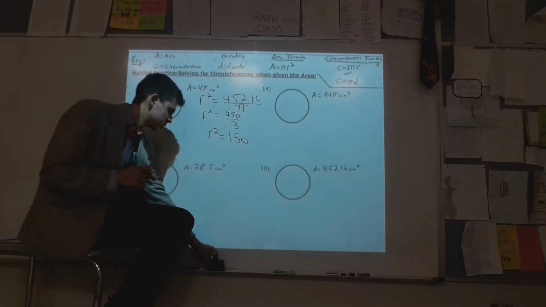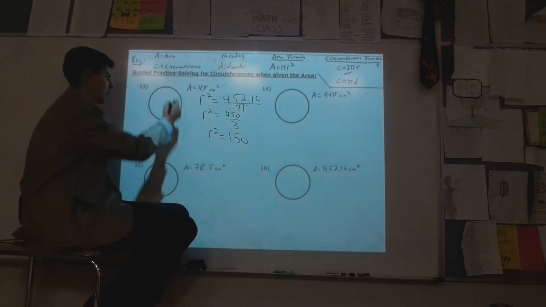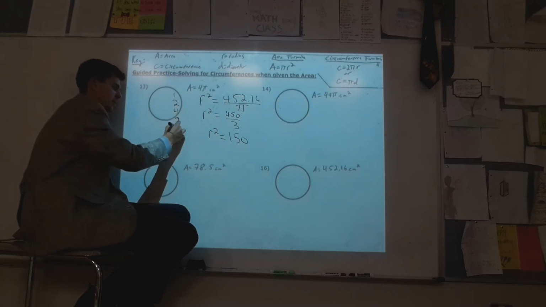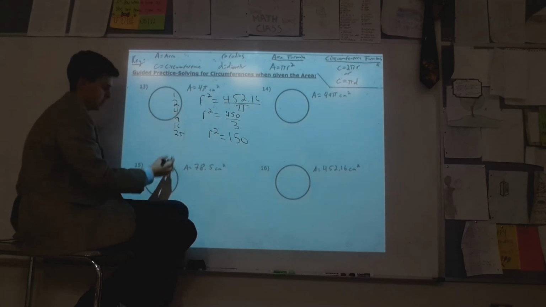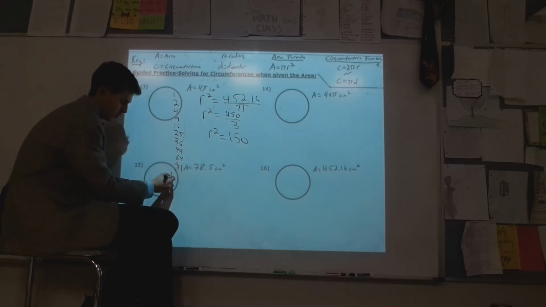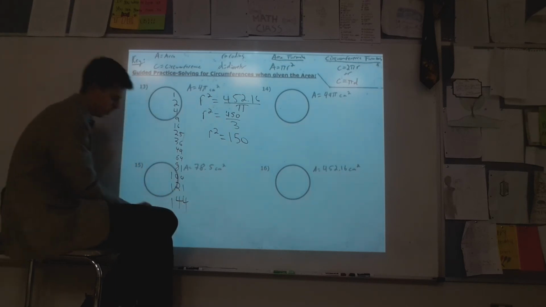Now in our perfect squares, so we have 1, 4, 9, 16, 25, 36, 49, 64, 81, 100, 121, and 144. Oh, all the way down here.